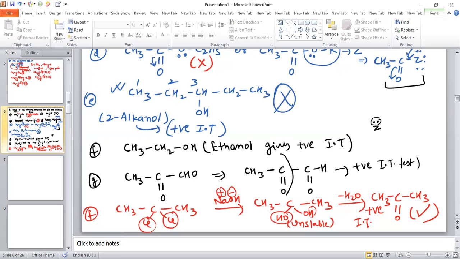Next, we are going to discuss what comes after the iodoform test. First of all, we discussed the aldol condensation reaction. Then in oxidation, we discussed the iodoform test. Now we are going to discuss the Cannizzaro reaction.